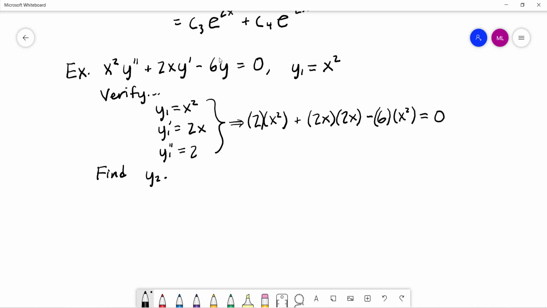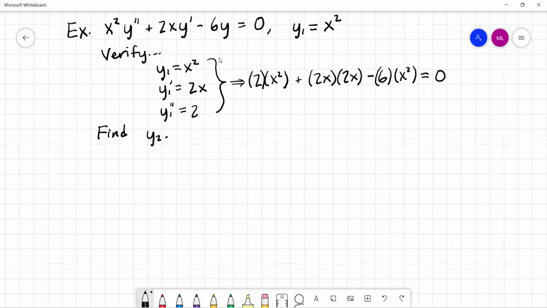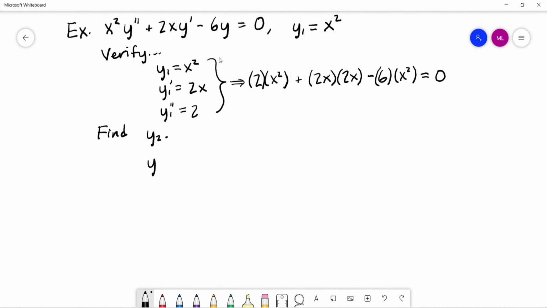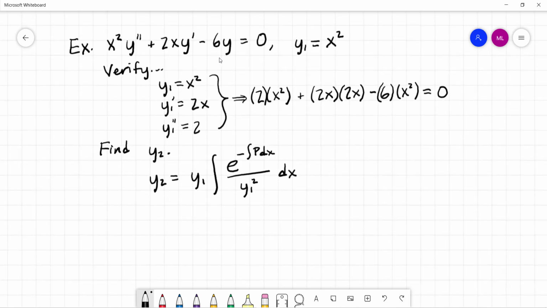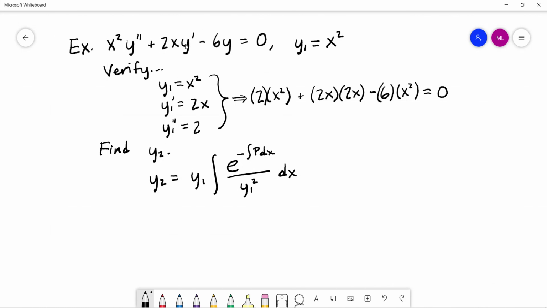So we can go up to our formula, which I will just write down for us. y2 is equal to y1 times the integral of e to the negative integral of p dx over y1 squared dx. And all we need to do is make sure that the equation is in the right form.